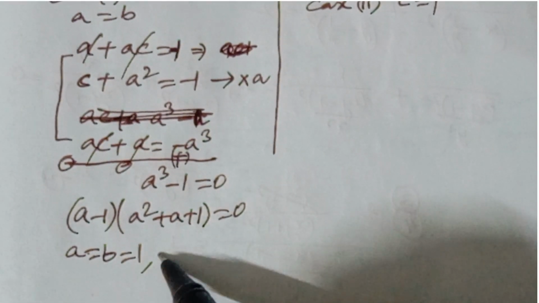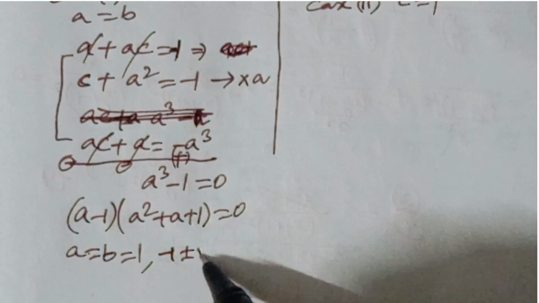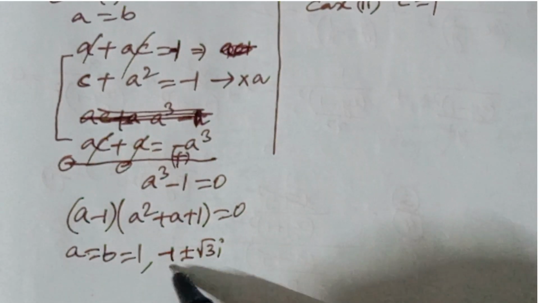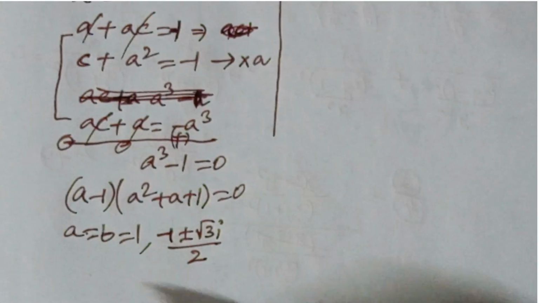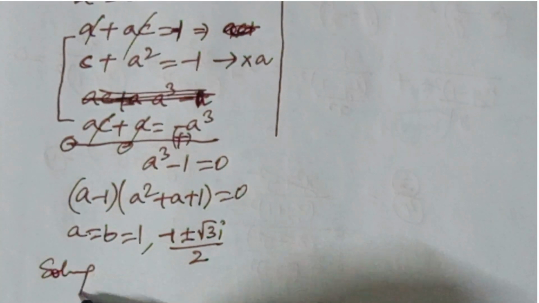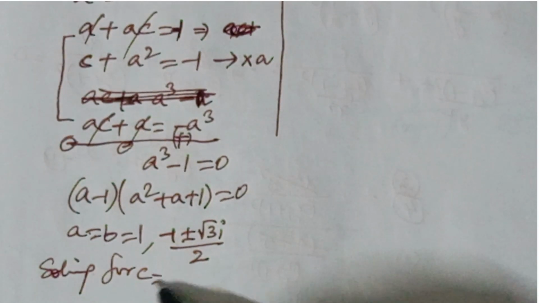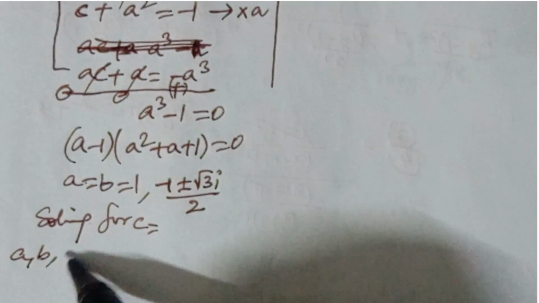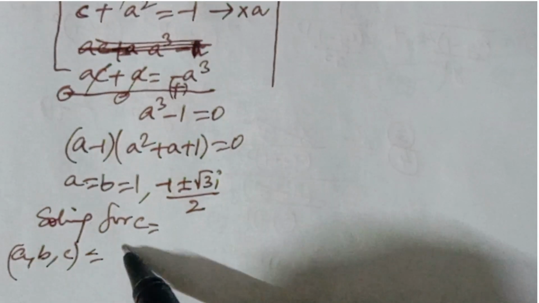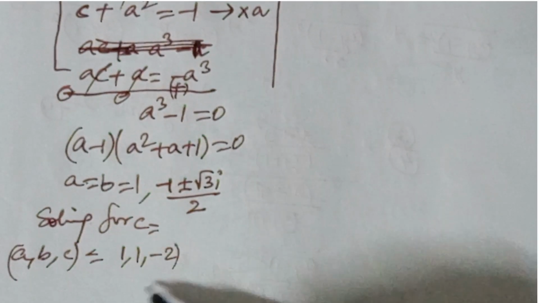Here you can write -1 plus or minus root 3i by 2. So here, solving for c, what will we get for a, b, c values: 1, 1, -2.